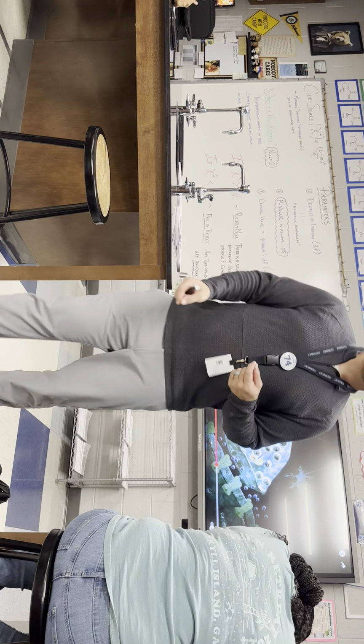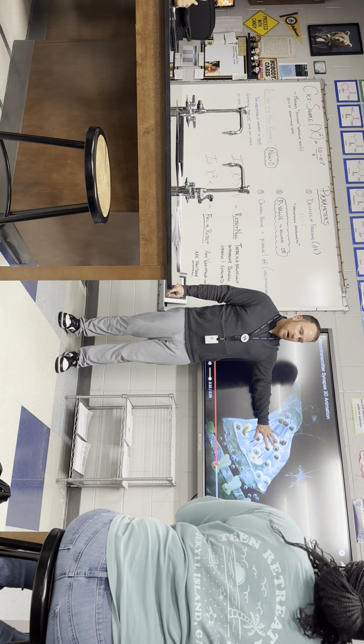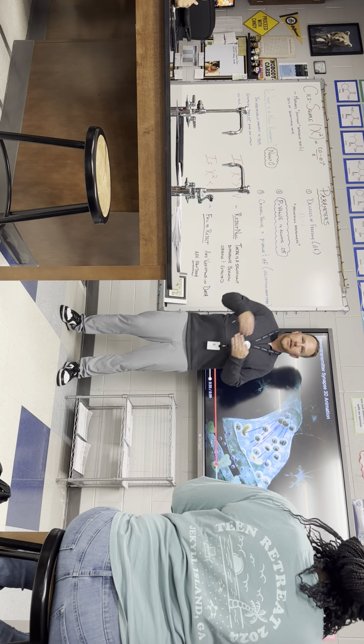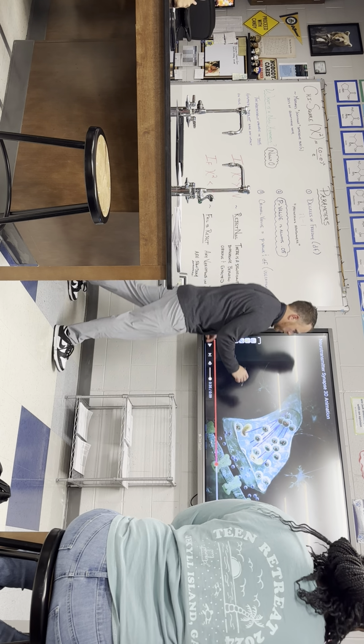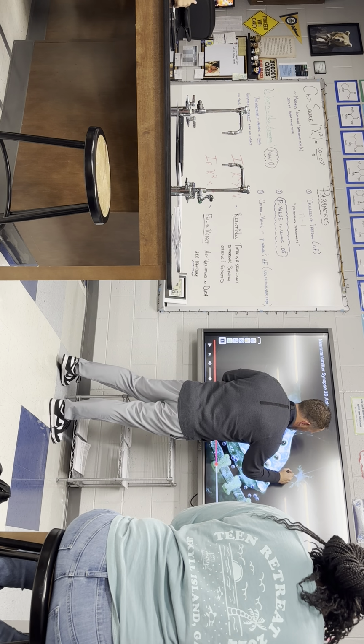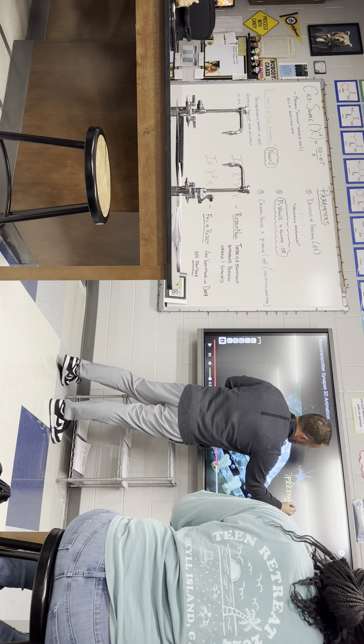But those neurotransmitters don't affect the synaptic bulb here. They're going to affect what we call an adjacent neuron, or what we call a postsynaptic. So what I'd like you to do here, first and foremost, this area is what we call a presynaptic neuron.